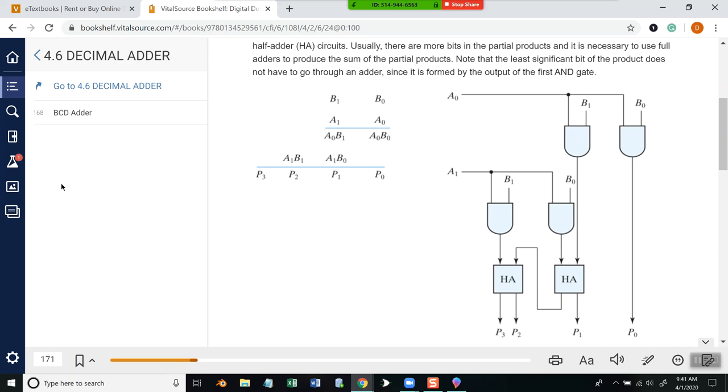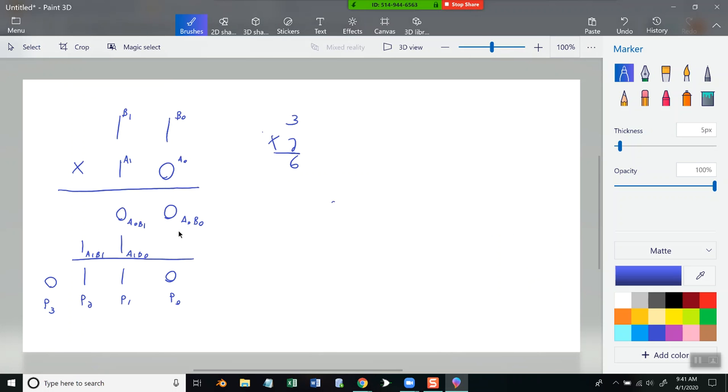Okay, so I guess just moving my mouse off, that's why I can't point to it. That's B0. I'm gonna point to it anyway. So this coming in here, this is A0, B1, and that is an AND, and that's our A0, B1 right here.